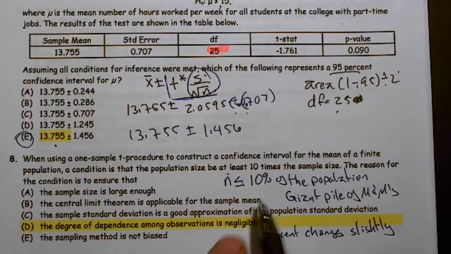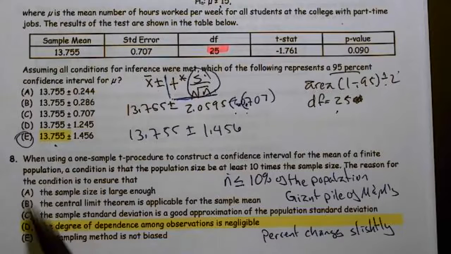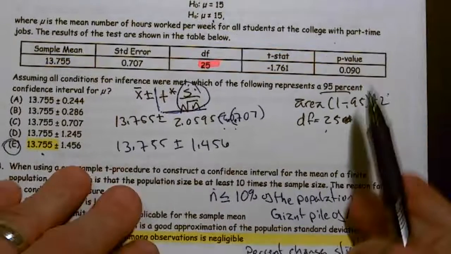And we're saying as long as the sample is less than 10%, the degree of dependence among observations is negligible. In other words, it's not really independent, but the sample size was small enough. So basically, it's got to have a small sample size. Our n has to be less than 10%. Number 8 is D.